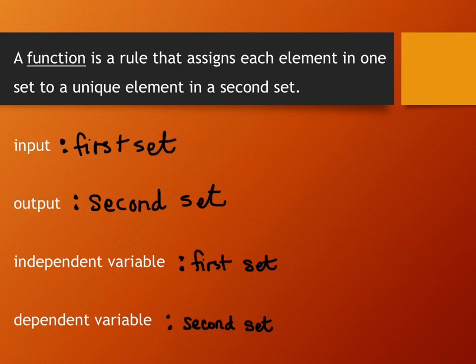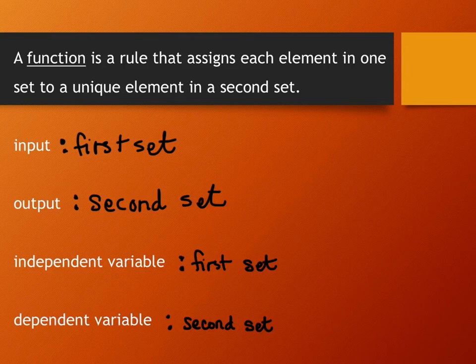All right, so you guys know I don't do multiple choice questions on tests or anything like that. The point of all of the different language on the screen is that if a question asked you to identify the input or to identify the independent variable, you should know what they're asking you to find. And they're asking you to find the first set of information, the first grouping of data.